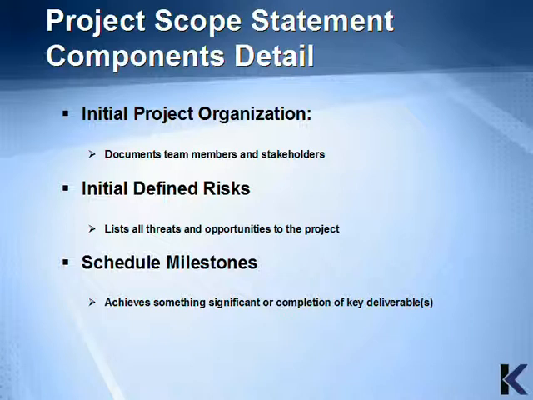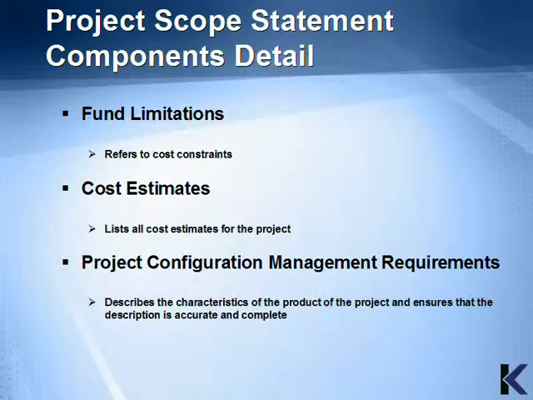Initial defined risks is basically a list of all the threats and opportunities to the project. And the schedule milestones are something that achieves a significant completion of a key deliverable. Fund limitations refers to cost constraints, and cost estimates lists all cost estimates for the project.